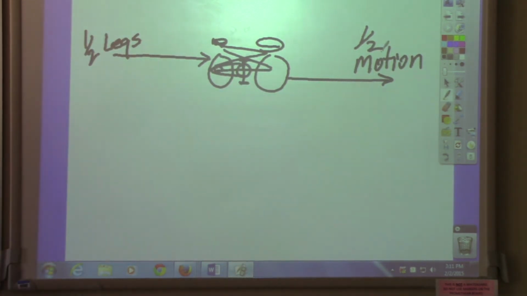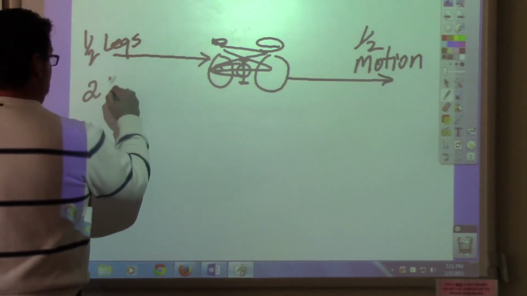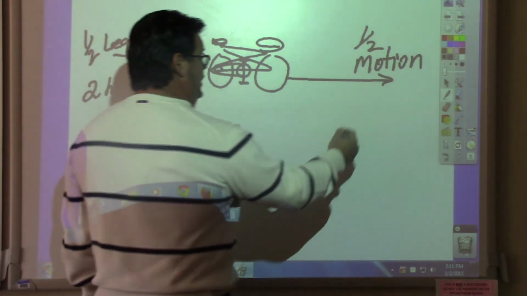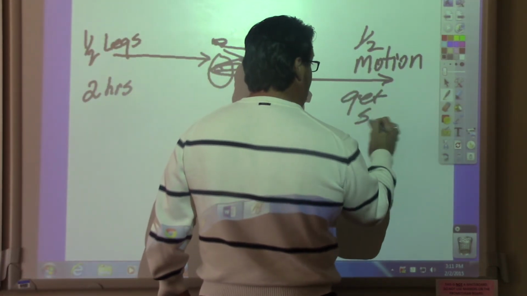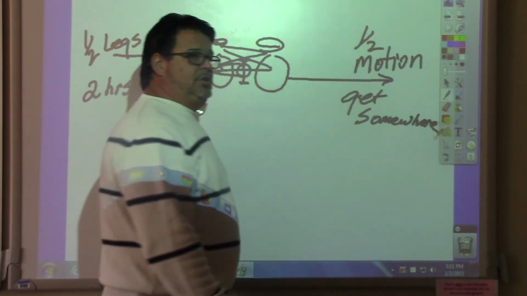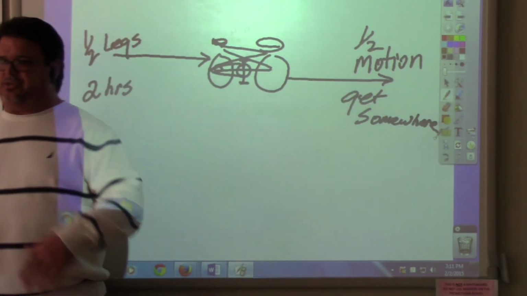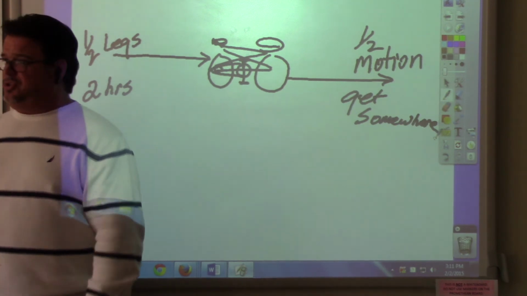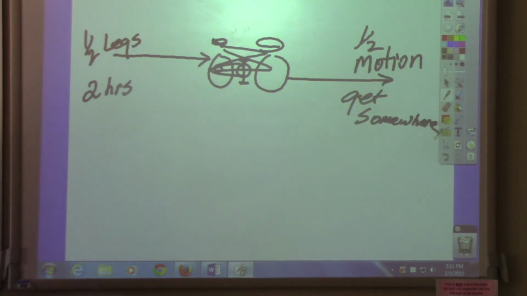If you pedal as hard as you can for 2 hours, then you're going to get somewhere. If you sit on a bicycle with your foot on one pedal and your foot on the other, and you don't move, what's going to happen? You're going to fall down. No leg power.